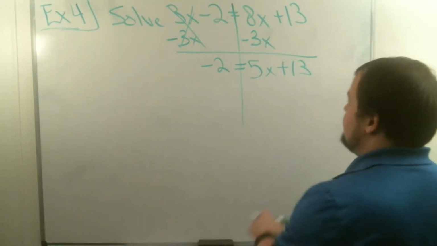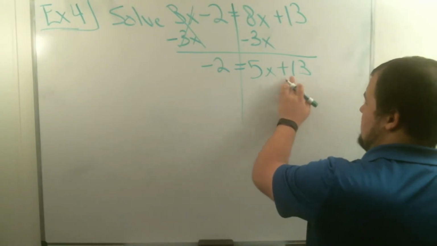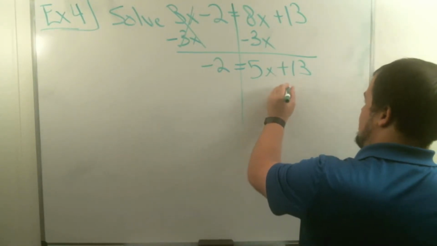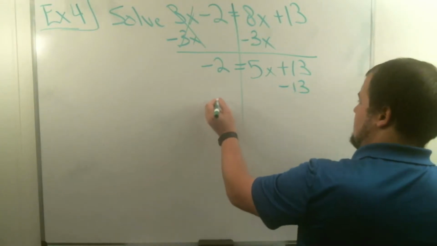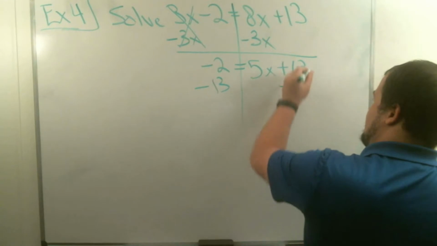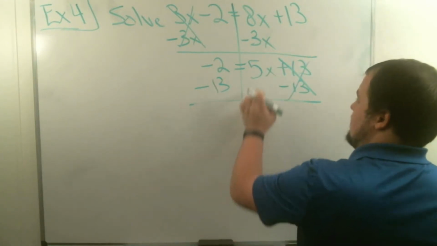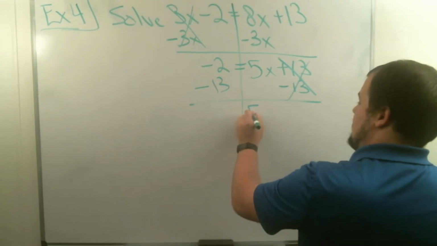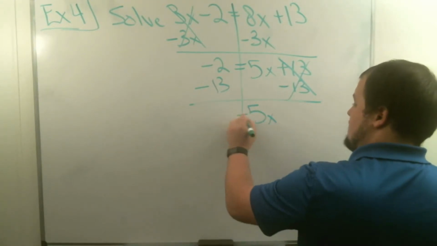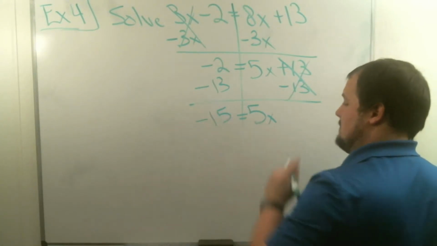Now, second step. Get rid of the number on the same side that doesn't have the variable, this number here. Since it says plus 13, I'm going to subtract 13. If I subtract 13 from one side, I subtract 13 from the other. 13 minus 13 cancels out. I still have 5x's, so I bring those down. Negative 2 minus 13 more is negative 15.